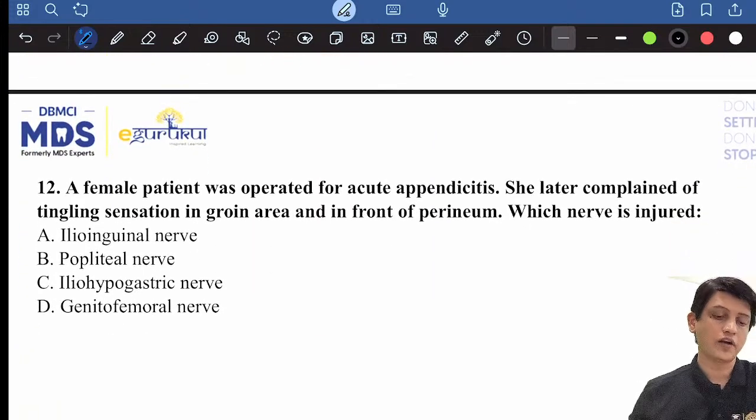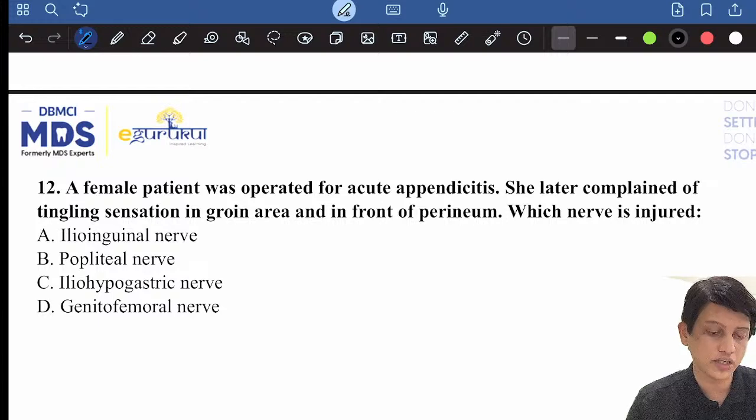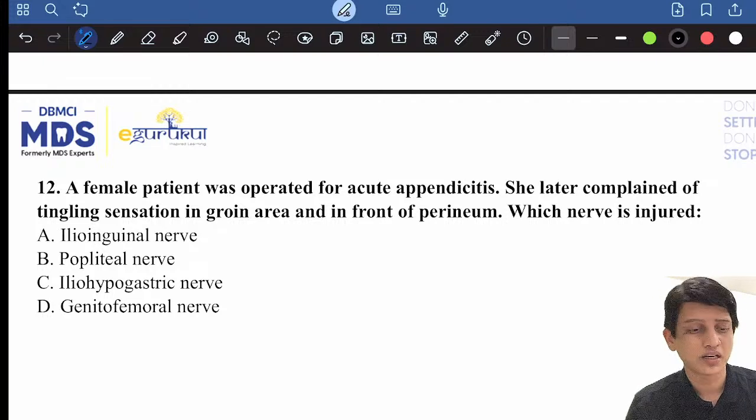Next, a female patient was operated for acute appendicitis. She later complained of a tingling sensation in the groin area in front of the perineum. Which nerve is injured? This is a very incomplete question, and to be frank, this is not a question for you at all, because systemic surgery can't be asked in MDS.